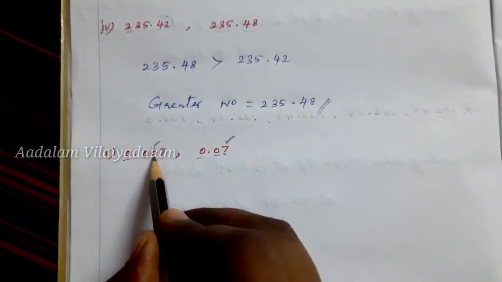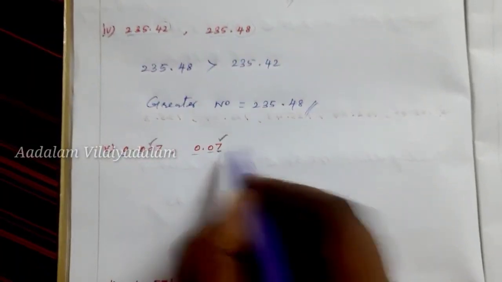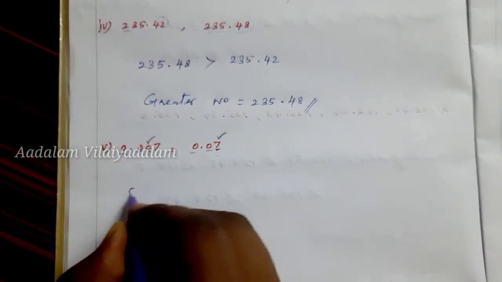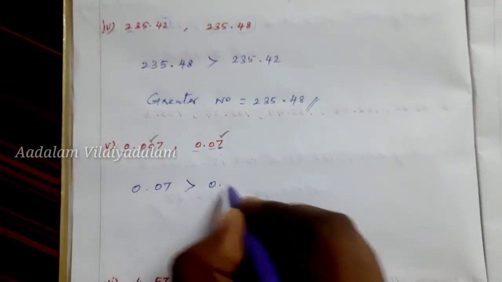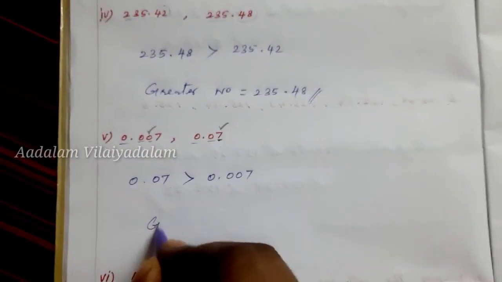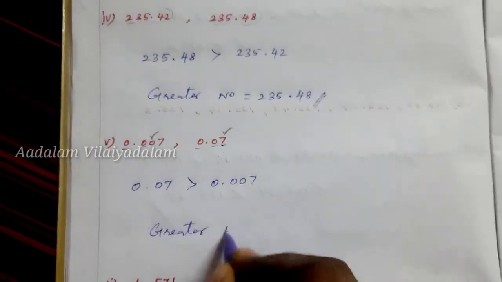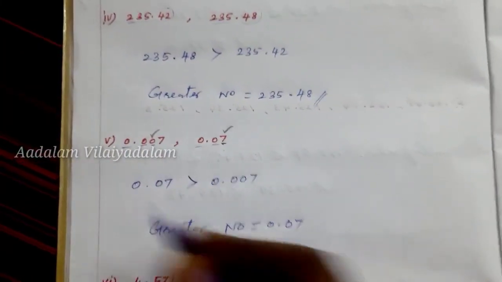So let us compare the 0 and 7. Which is the greater one? Yes, 7 is the greatest number. So therefore 0.07 is greater than 0.007. So the greater number is equal to 0.07.